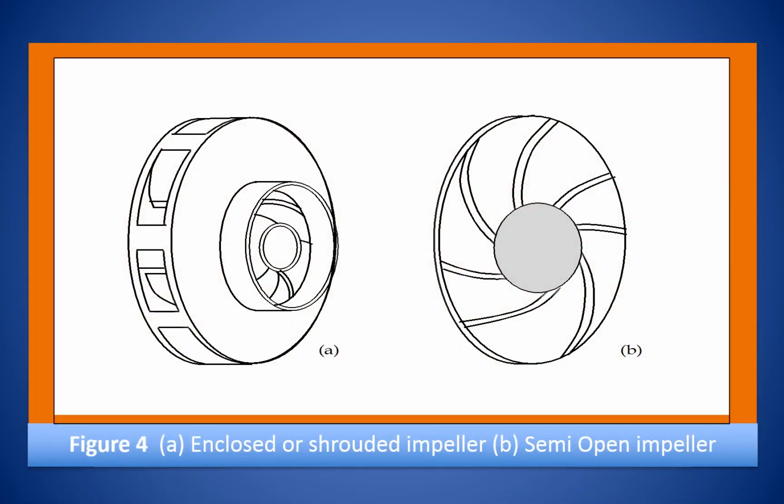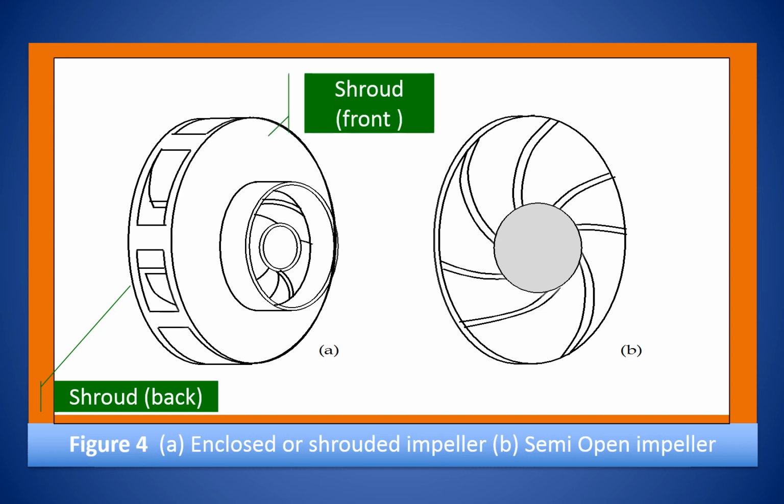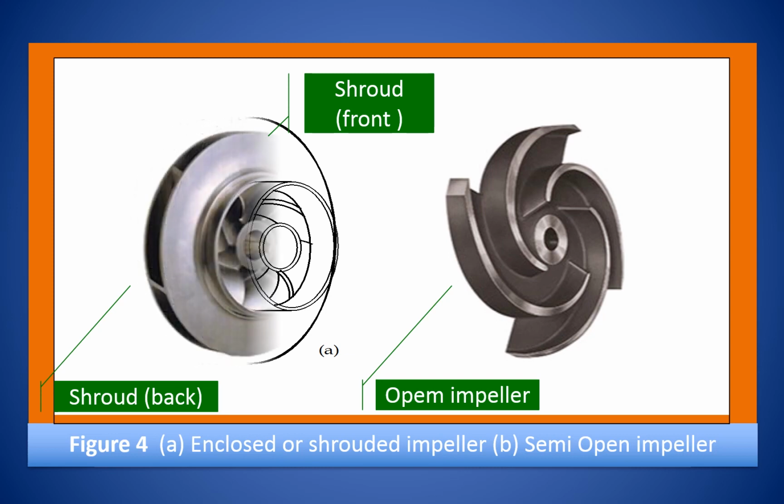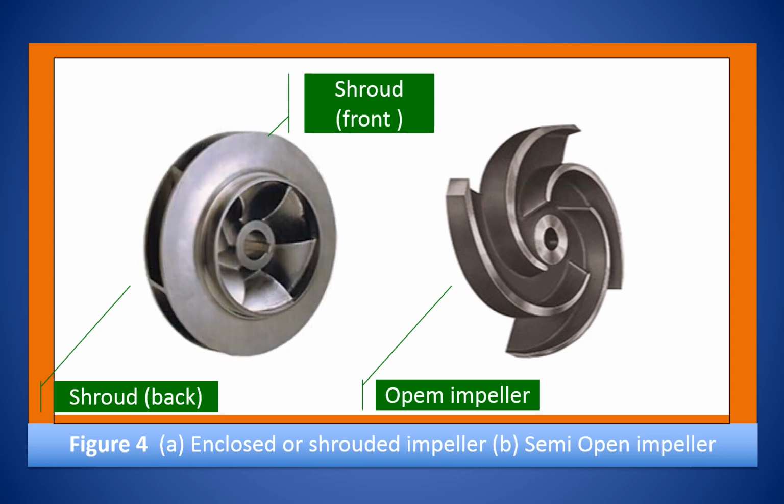This figure illustrates the two types of impeller. The open impeller, which has no shroud or cover plate, and a closed impeller which has shrouds on both sides. Between these two is the semi-open impeller which has only one shroud, that is on one side.